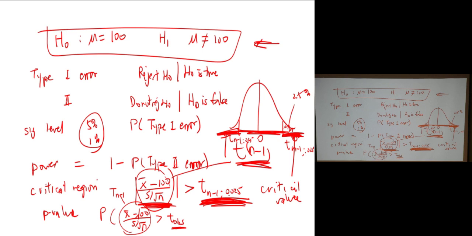With capital letters, this is a random variable. So X bar is the sample mean and S is the sample standard deviation, and this random variable behaves like a t distribution with n-1 degrees of freedom.